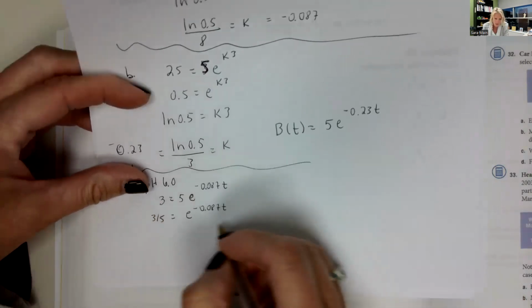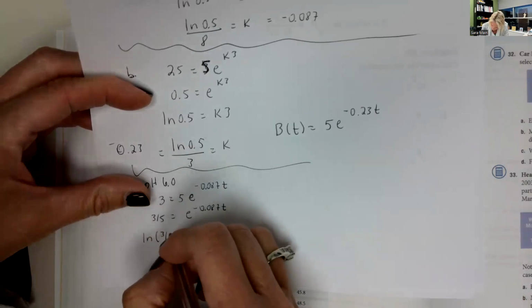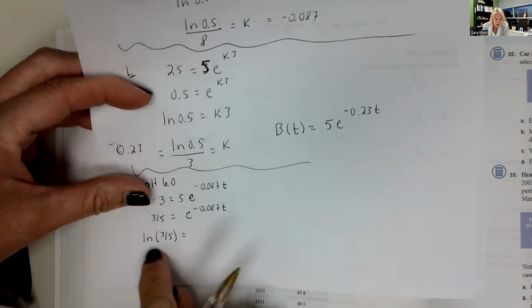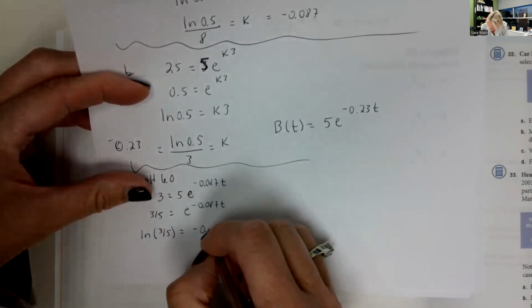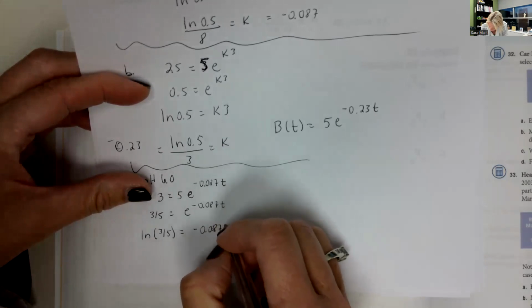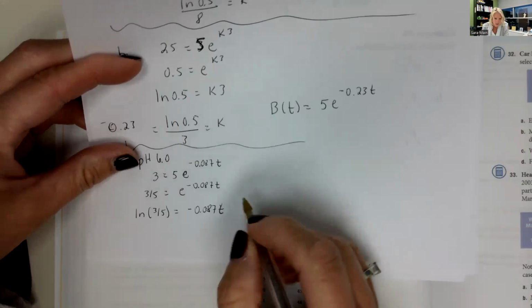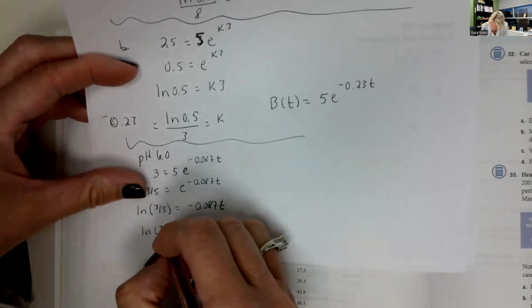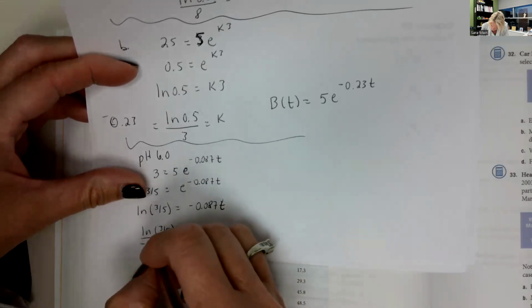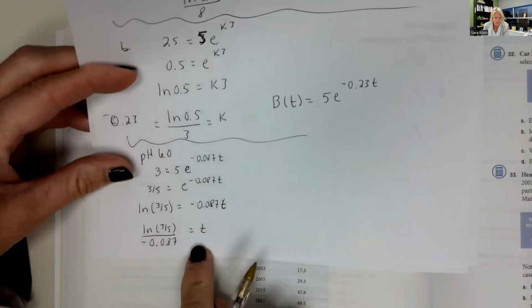Again, I'm going to take the natural log of both sides. I'm going to do it all in Desmos at once because it'll be the most accurate. Then to solve for t, I'm going to divide the natural log of 3/5 by the negative 0.087, and that'll be my time.